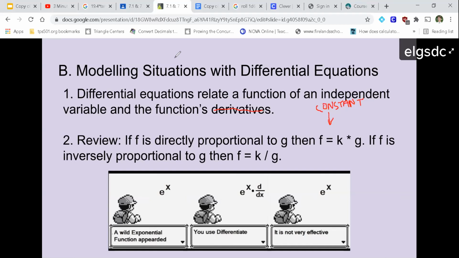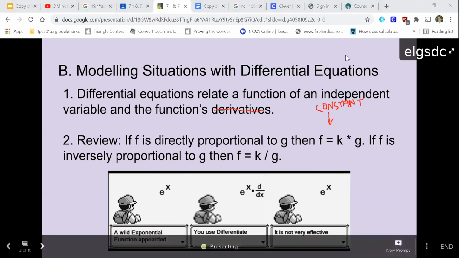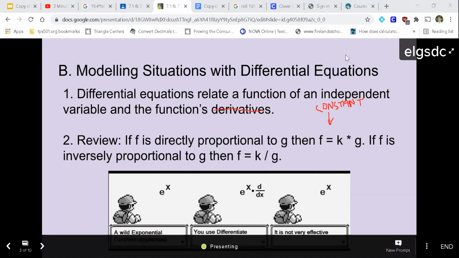Most of the problem's time will be just reading the paragraph. I don't think I talked about directly proportional and inversely proportional as much as I should have in pre-calculus. I think we talked about it, but really early on and only very shortly and then never again.